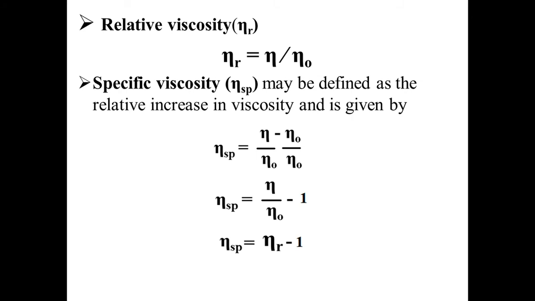Eta naught is cancelled, so eta sp equals eta divided by eta naught minus 1. For eta divided by eta naught we put relative viscosity, so eta sp equals eta r minus 1. This is the specific viscosity.